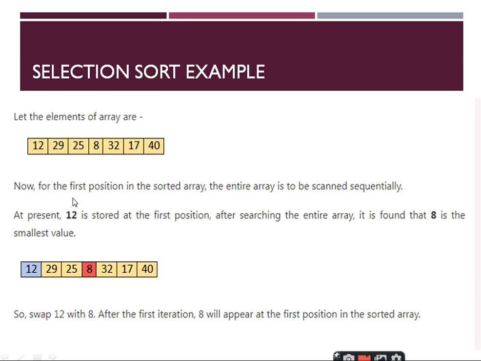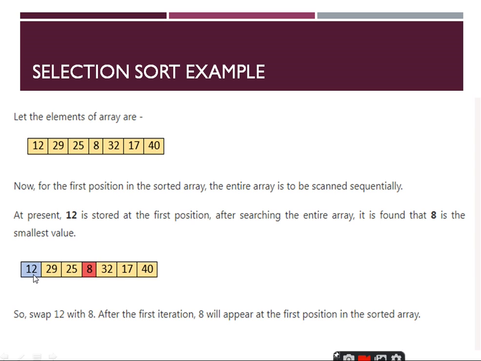Now at present 12 has the first position in the given array list, whereas the smallest element found is 8. As 8 is the smallest, we will swap whatever element is at the first position with 8.